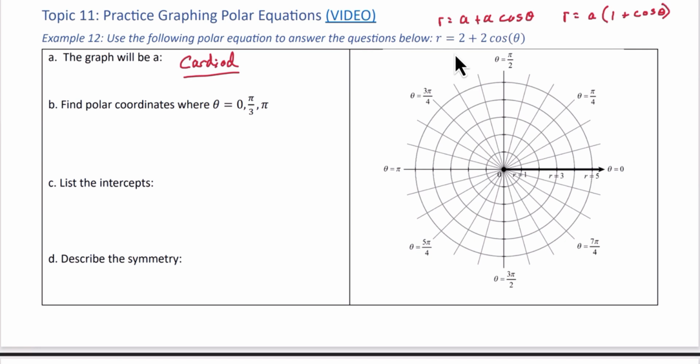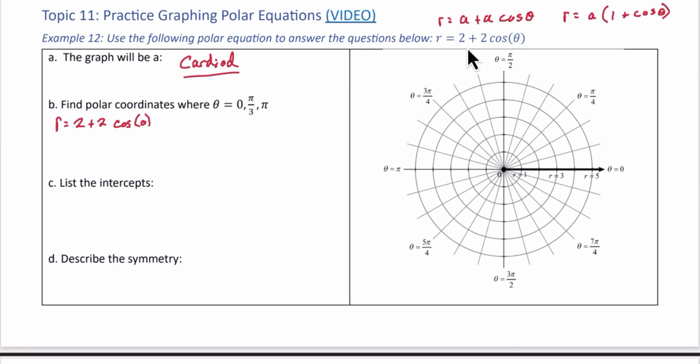And from here, part B, we want to find some polar coordinates. So let's use the point plotting method. We're just going to take in some thetas and plug them into the given equation. R equals 2 plus 2 times cosine of 0.